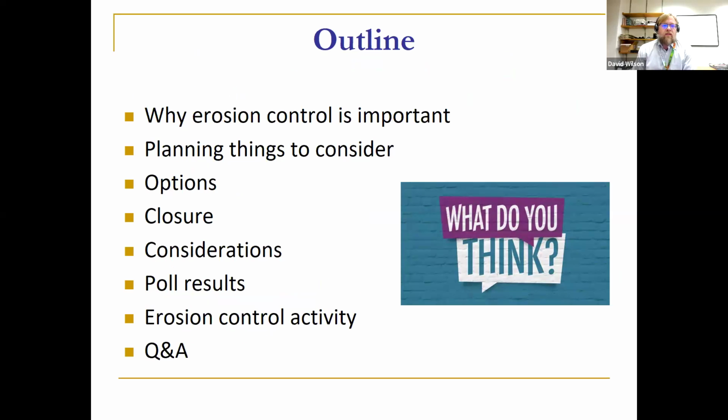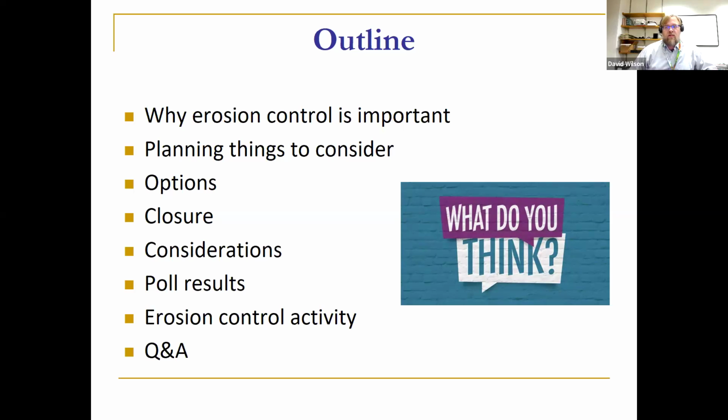So a little outline of our webinar today is, first we'll talk about why erosion control is important. We'll talk about some planning things that need to be considered, different options for erosion control, potentially road closure, other considerations related to erosion control.